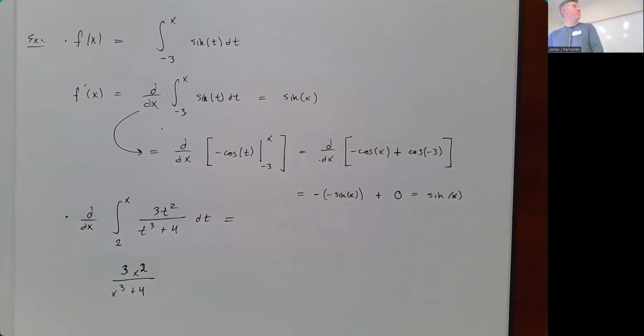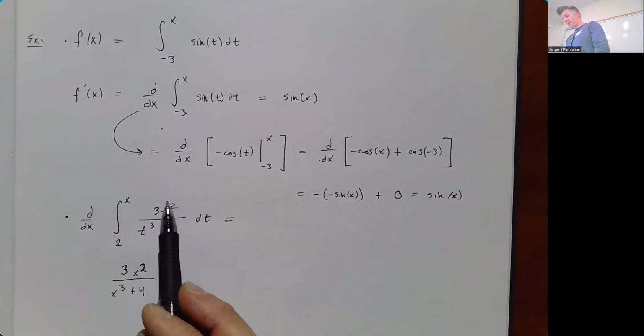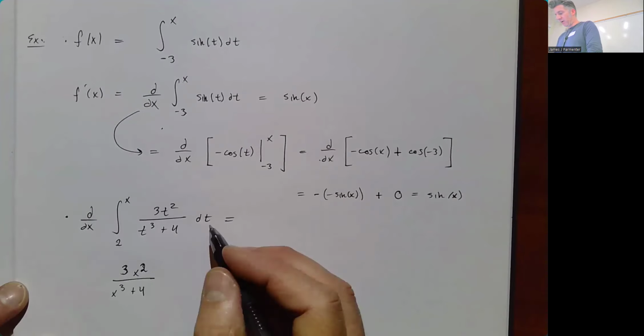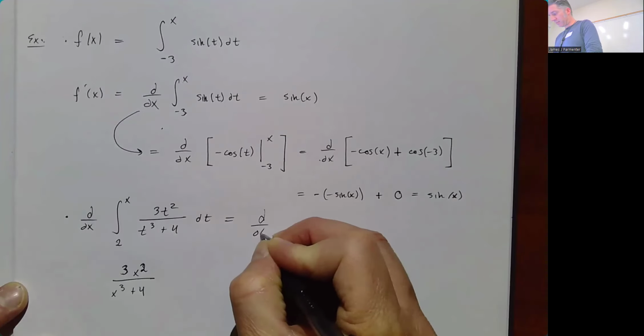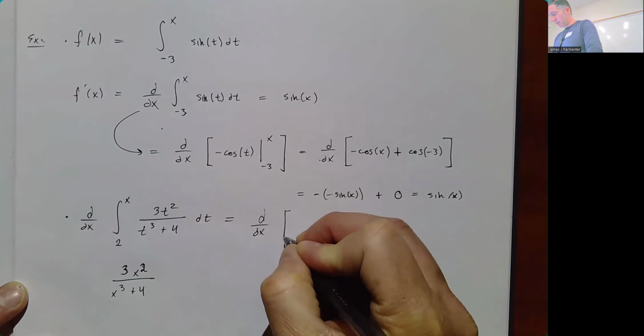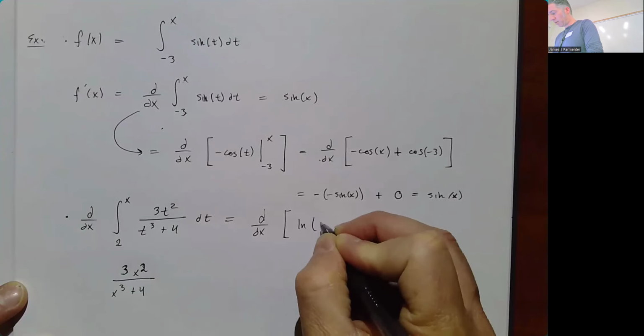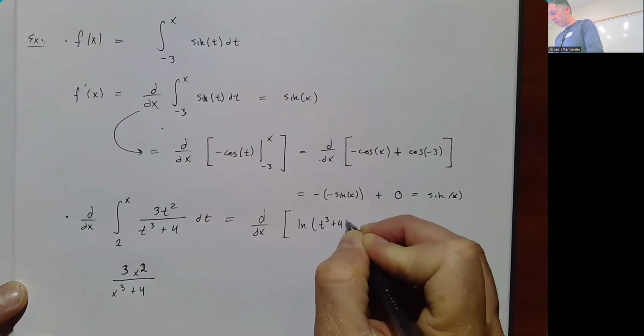Now I'll point out, if you wanted to find the antiderivative here, we have to do a little bit of thinking. If I look at this, there is a function that's going to work. The antiderivative here is the natural log of t cubed plus 4.